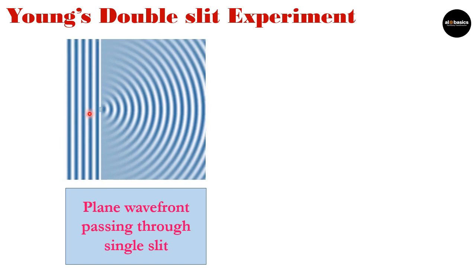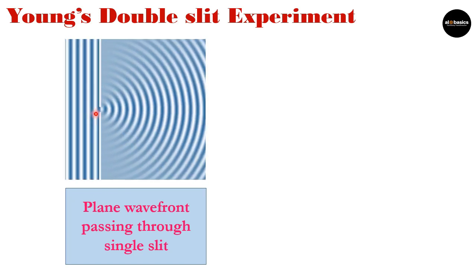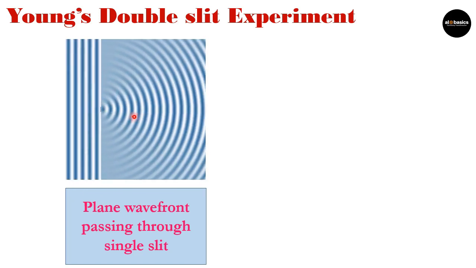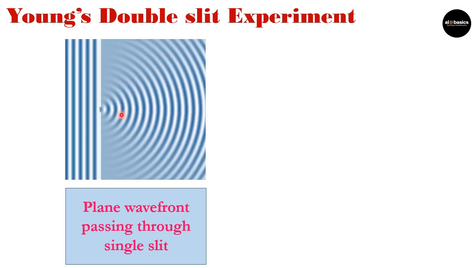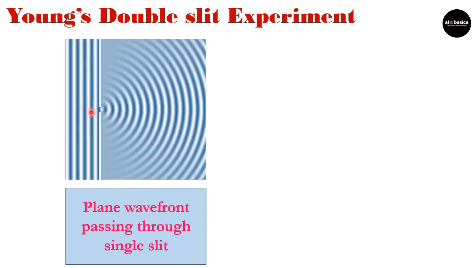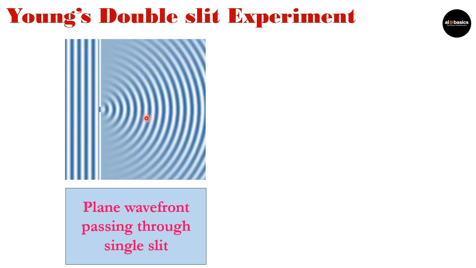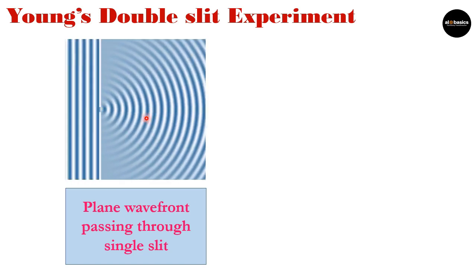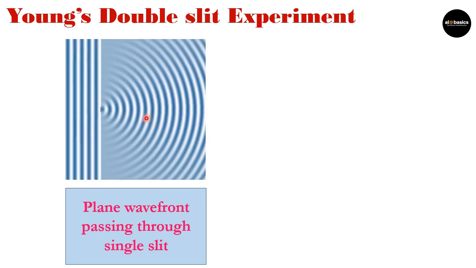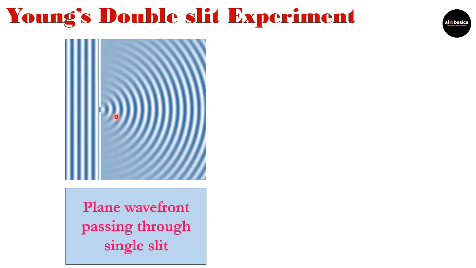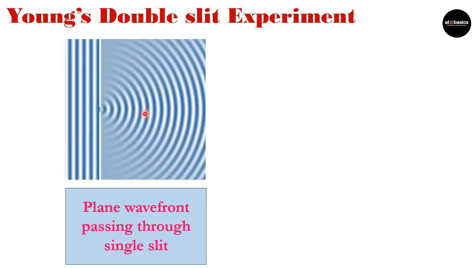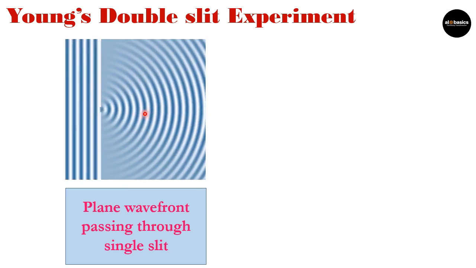If it is a hole, by passing through it, we get spherical wavefronts, and if it is linear, then here we get cylindrical wavefronts. Now in the picture, you can see its cross section in circular form. But depending on the sources, it may be cylindrical or it may be spherical.